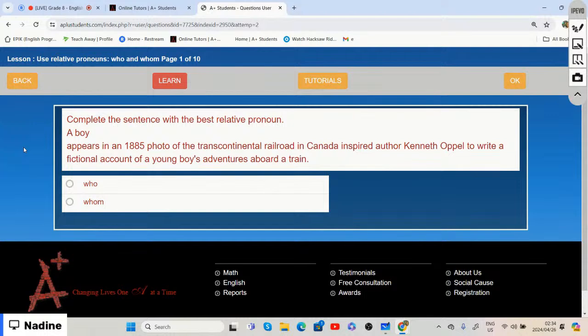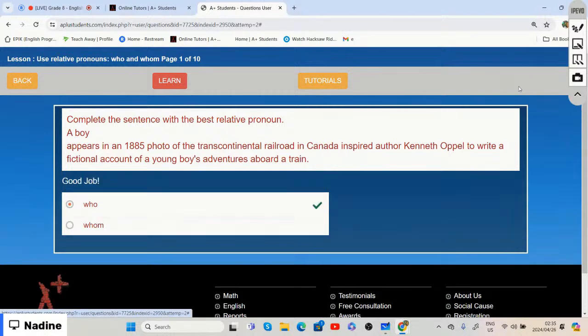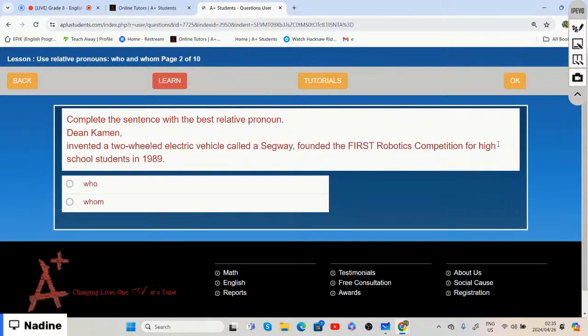So we can say a boy who appeared in a photo of the Transcontinental Railroad in Canada inspired author Kenneth Oppel to write a fictional account of a young boy's adventure aboard a train. So we can say who because we're referring to the boy, which is he.